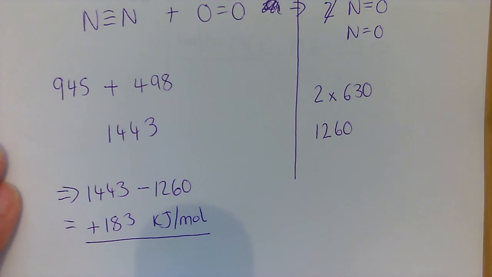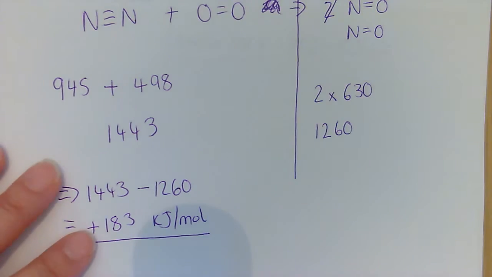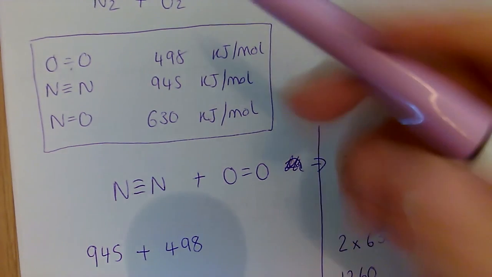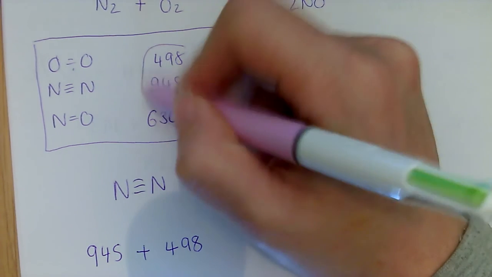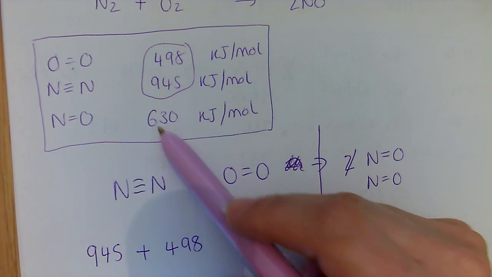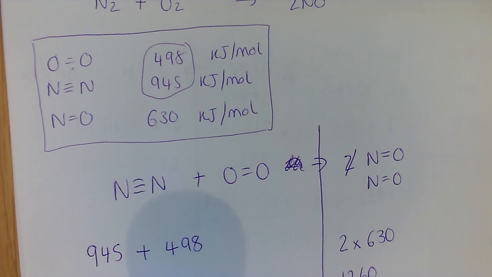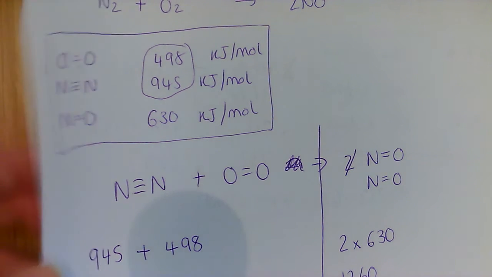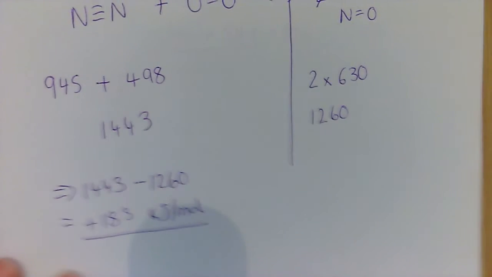The only other way I've seen the AQA change this question is that they give you some of the bond values. So they maybe give you this one and this one, and they give you the overall energy change, and then they ask you to calculate this. And then you're just going to treat it like you would an algebraic equation in maths.